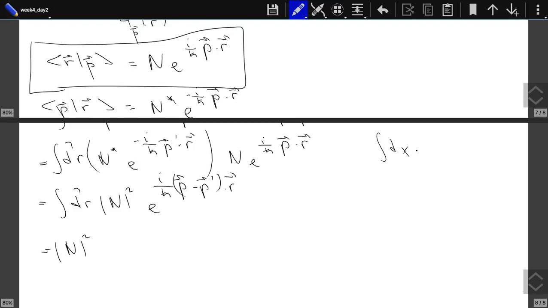Let me write it in this way, the integral of e to the power i k times x, from minus infinity to infinity. Well, this is 2 pi times Dirac delta of k.